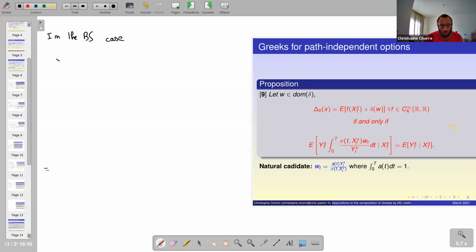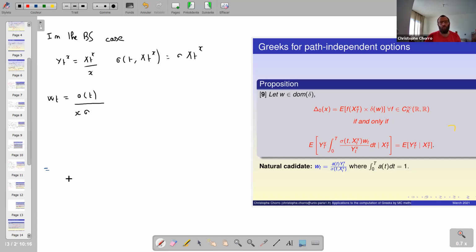I remind you that I have Y_t(x) equal to X_t(x) divided by x. I have sigma_t X_t(x) equal to sigma X_t(x). So W_t in this situation is equal to what? To a_t Y, that is this one, so it will be a_t over x sigma.